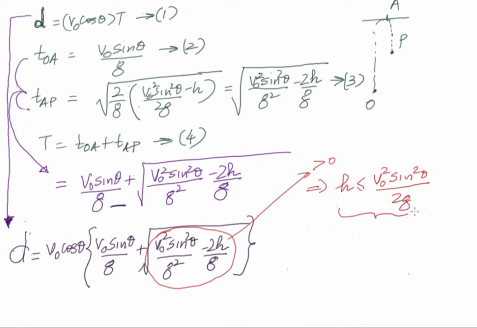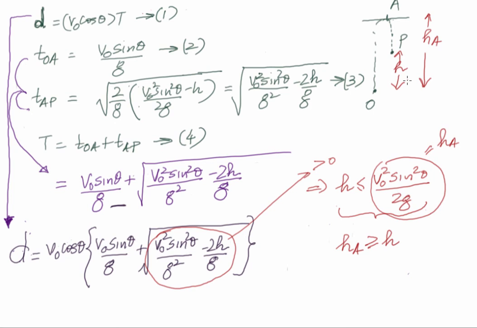This also intuitively makes sense because v0 square sin square theta by 2g is the value of HA, the maximum height the angry bird can reach. So only if HA is bigger than or equal to h, the height of the pig, does this make sense. If the pig is located at a height larger than HA, the angry bird will not be able to hit the pig. So that was just a small side note.